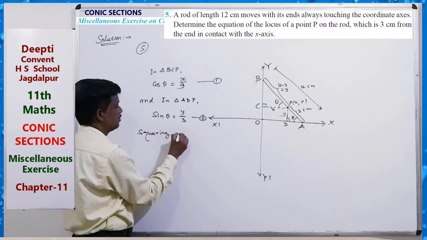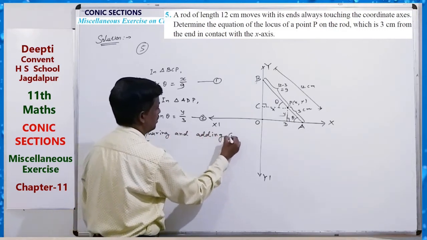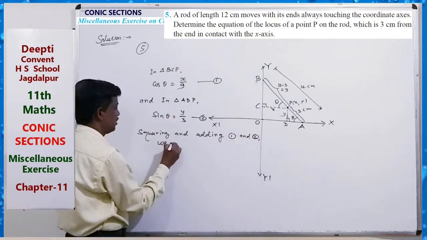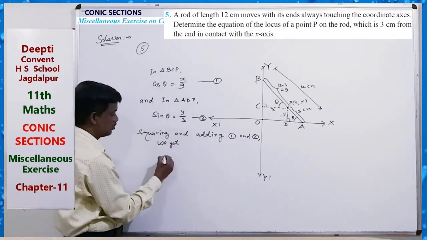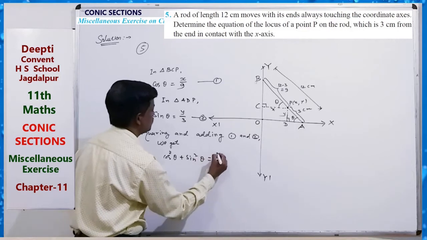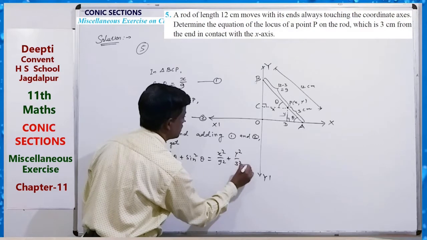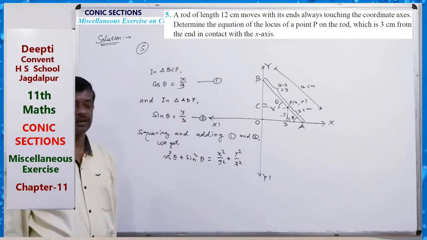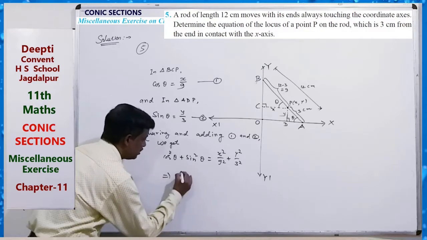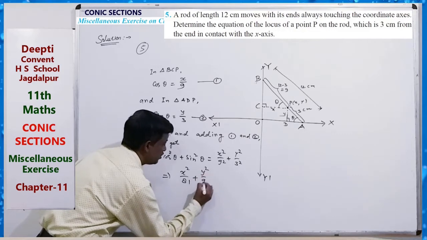Squaring and adding 1 and 2, we get cos square theta plus sin square theta equals to x square by 9 square plus y square by 3 square. This is equals to 1. So x square by 81 plus y square by 9 equals to 1.